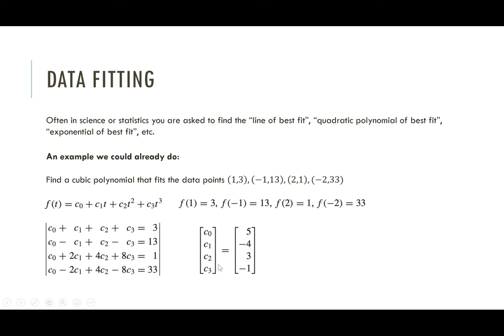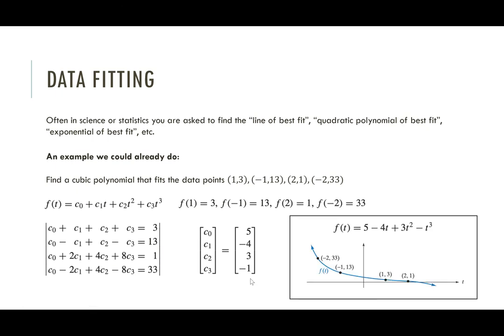Our c0 was 5, our c1 was -4, our c2 was 3, and our c3 was -1. So here we go. This is our polynomial, and it fits these data points exactly.